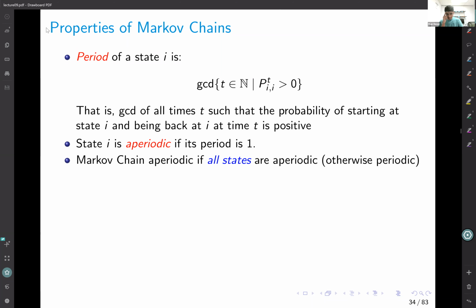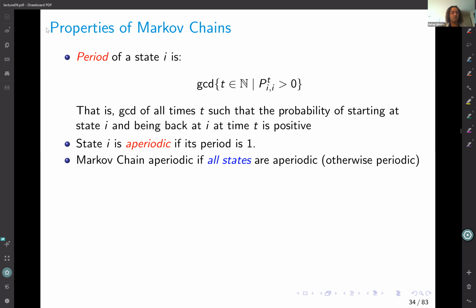Is it the same as saying that the state has a self loop? No, it's not the same, because you can have no loop and still be aperiodic. All you need is the GCD of all the times. That's a great question, but it's not the same as having a self loop.